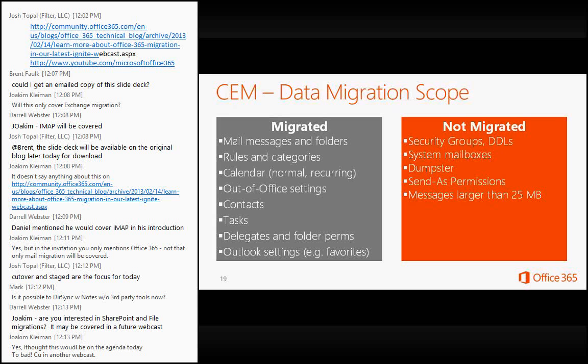But from a cutover Exchange migration, it does create a new mailbox, and therefore any mail that's been migrated would need to be synchronized locally into the OST file, assuming that you've got your mailboxes configured for cached mode.